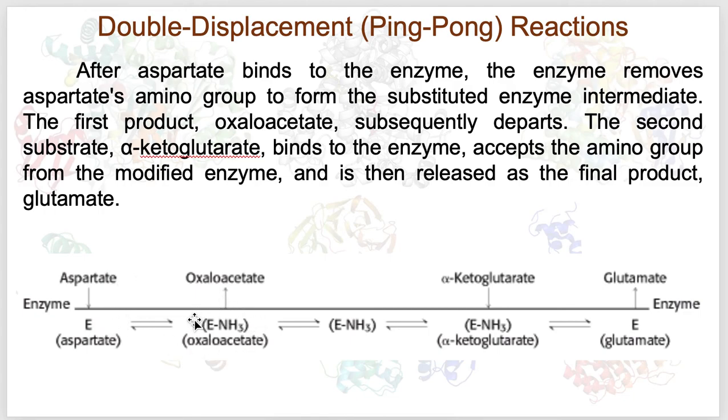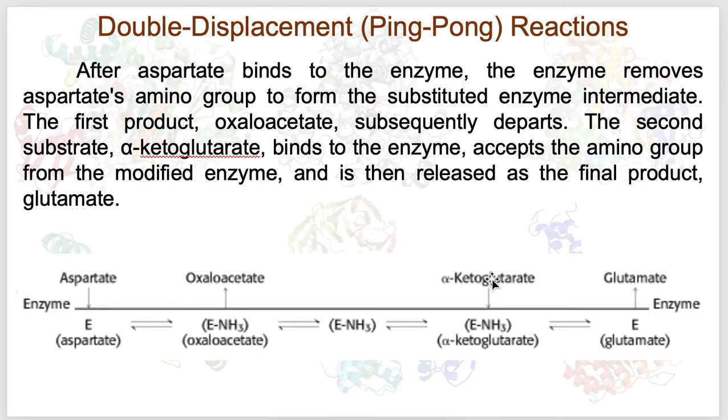This temporary modified enzyme intermediate is formed, and during that time, oxaloacetate gets released. Oxaloacetate is a product; when the NH3 group is transferred from the aspartate, it becomes oxaloacetate. So oxaloacetate is released, and ENH3, the modified enzyme intermediate, is formed.